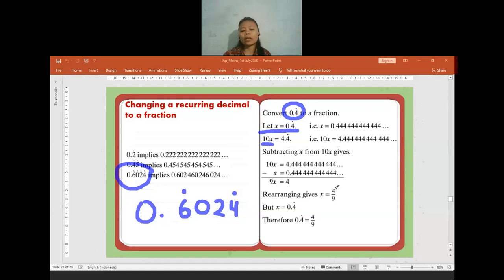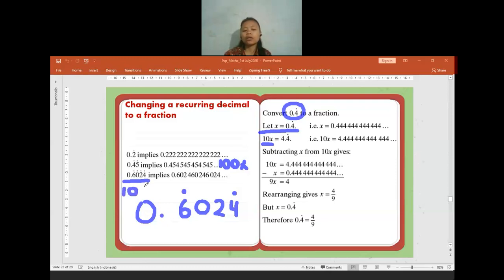So for example, for the previous question, I have 0.45. It's two digits, right? So later I need to find 100x. If I have 0.45, I need to find 100x. If I want to find 0.6024, there are four digits repeating, so later I will need to find 10,000x.